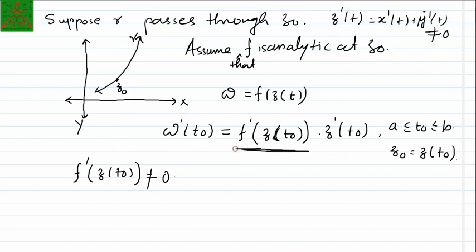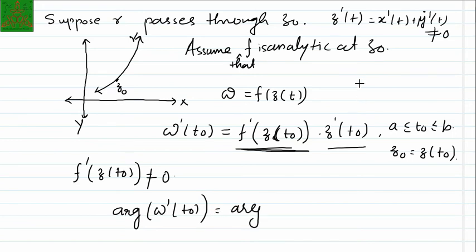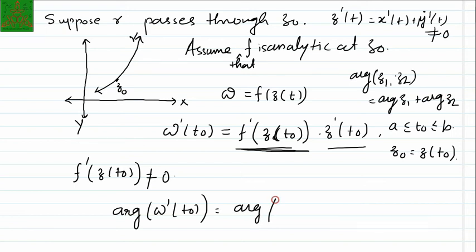That means w dash of t0 is a non-zero number, so I can take its argument. If you apply the argument on both sides, then by the argument formula, as you know that the argument of z1 into z2 is argument of z1 plus argument of z2, we get argument of f dash of z of t0 plus argument of z dash of t0.